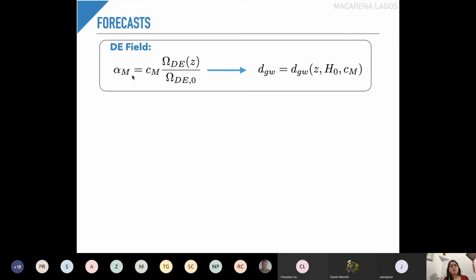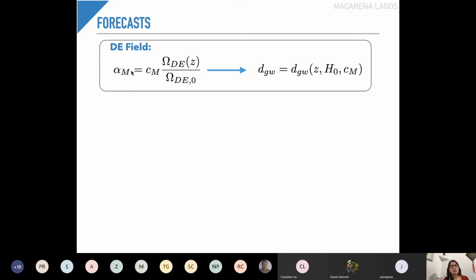But normally, this is a very common parameterization for the time evolution, because if you motivate these modifications through dark energy, then usually it is natural to assume that alpha m would also evolve in the same time scales as your dark energy field evolves at the background level. So this is an assumption.